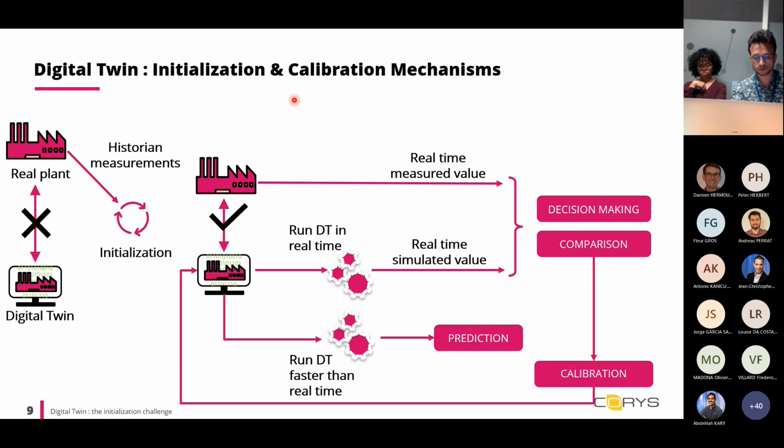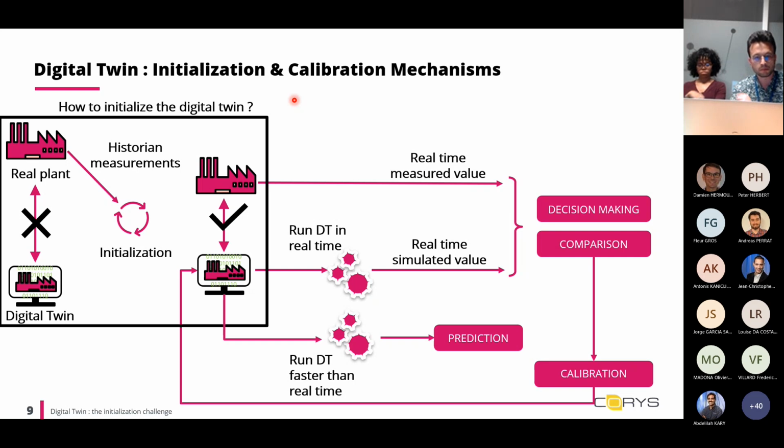And of course, we need to close the loop. At some point, we need to say, okay, this is the real plant, this is the digital twin. Let's do some comparison and recalibrate the digital twin online to be sure that both digital and real world are still aligned. So if we look at the big picture, there are two main problems.